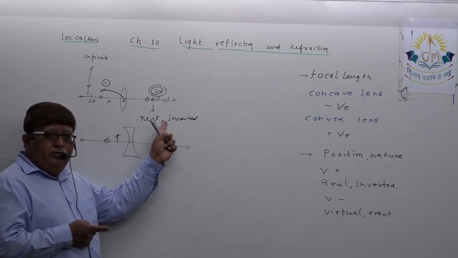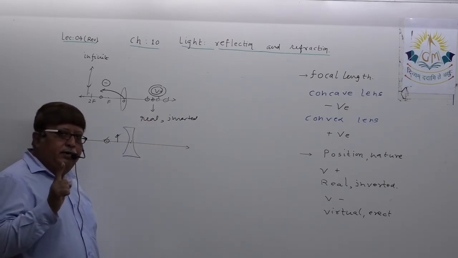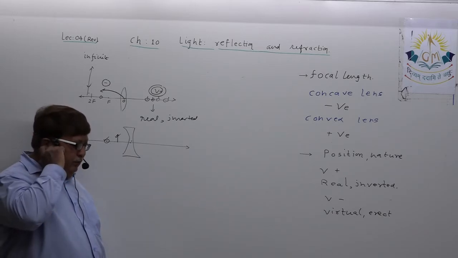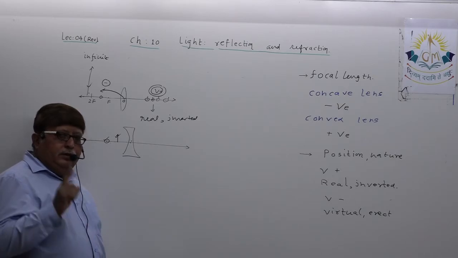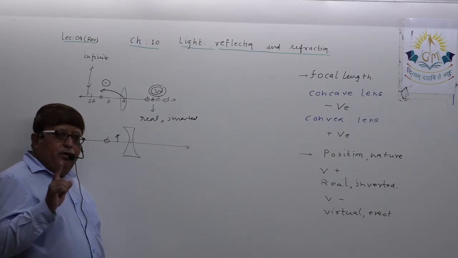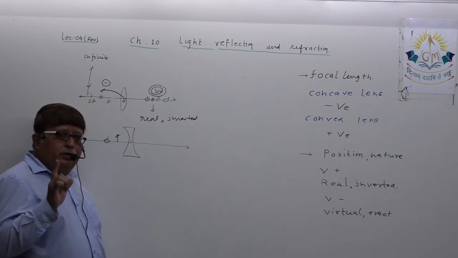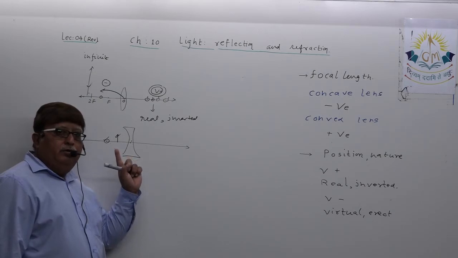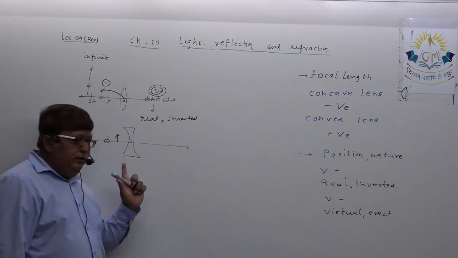In case of convex lens, V can be positive, it can be negative. Mind this important fact. In case of convex lens, V can be positive or negative, but in case of concave lens, V is always negative. Is it clear in your mind?